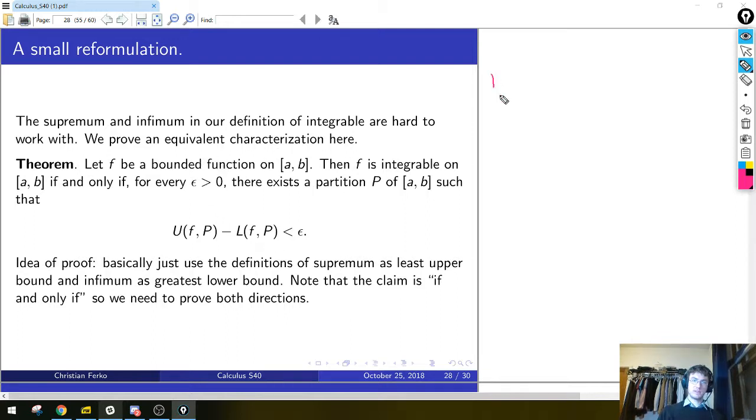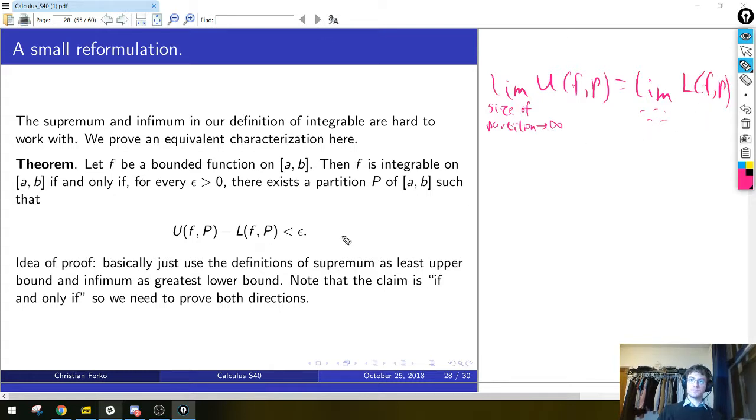Just one comment, if you want a different way to think about this, this is kind of like saying the limit as the size of the partition goes to zero. You can actually make this precise. We're not going to use this definition. But if you like, you could think that as you make it a very fine partition, the upper sums approach the same limit of the lower sums.